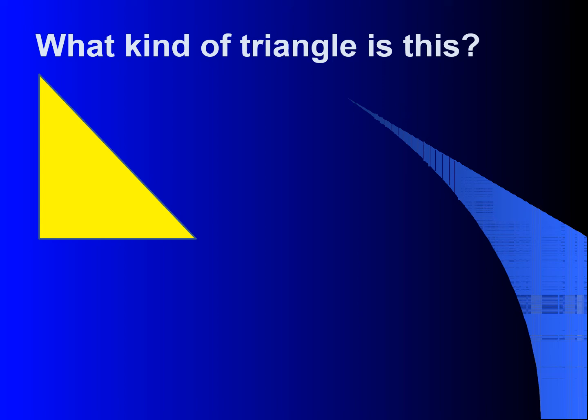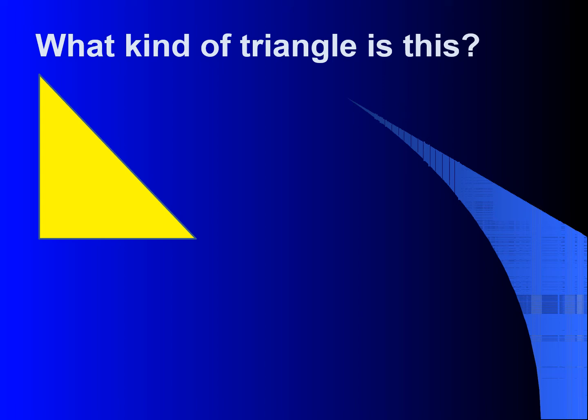What kind of triangle is this? Of course, it is so clear. It has one angle like the square corner. So it's going to be named a right angle triangle, because it has one right angle here. And what about the sides here, guys? Of course, you can see that all of those sides are different.